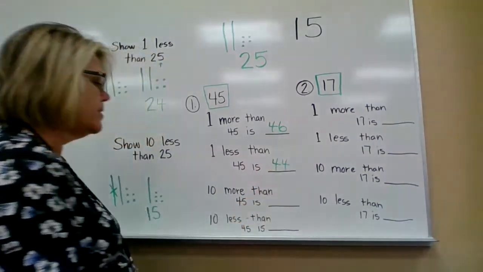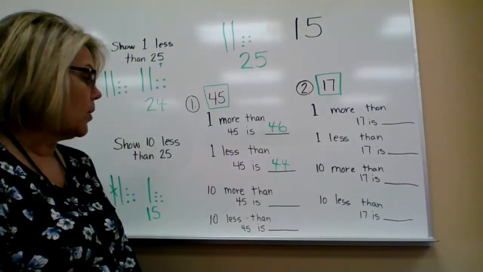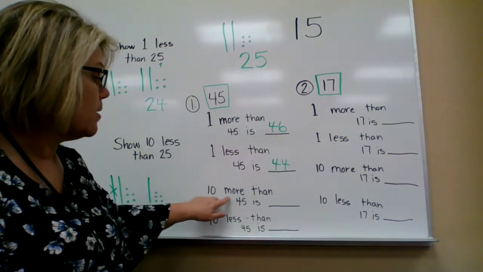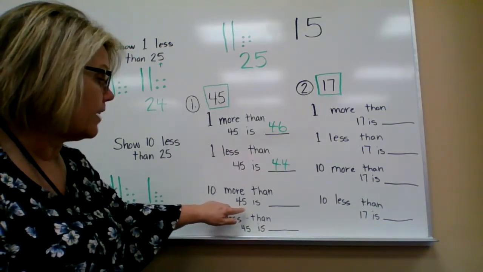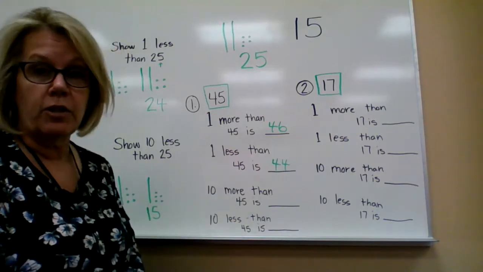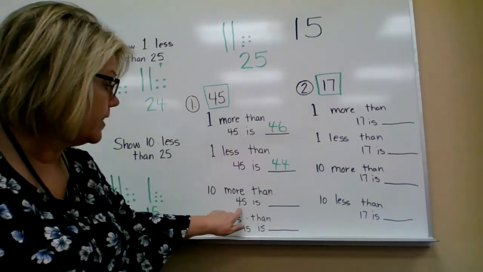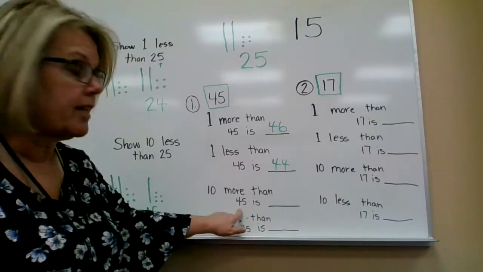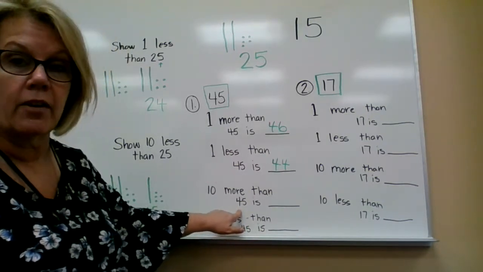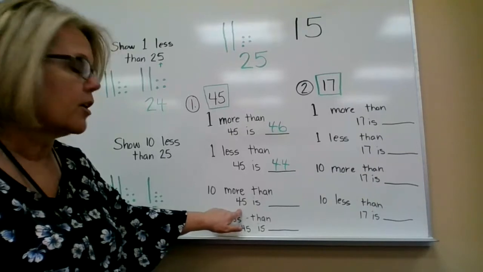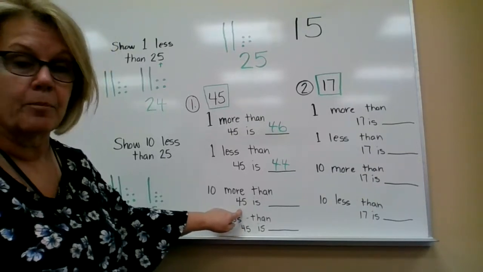Okay. Now we have to think about a number that is 10 more than 45. That means we have to look at the number that is in the tens place. Let's look at that digit that's in the tens place. It tells us how many groups of 10 there are in 45. There are 4 groups of 10 in the number 45.